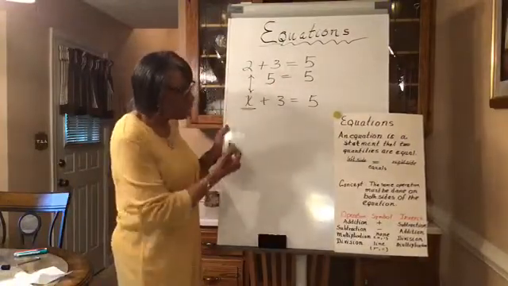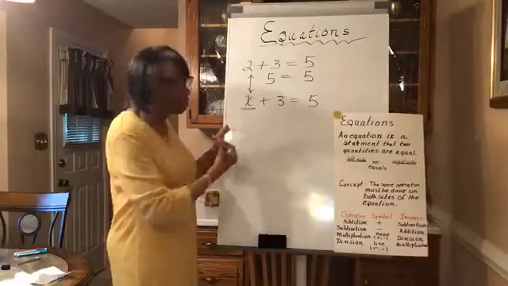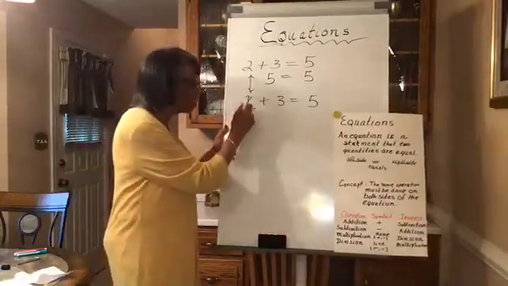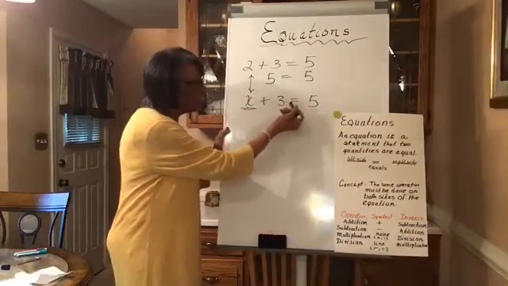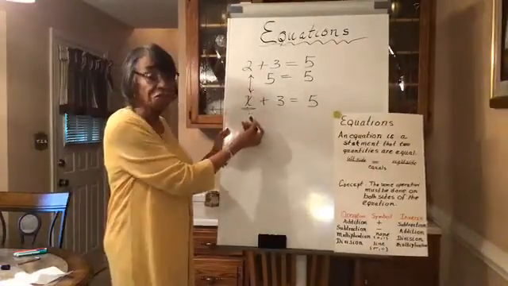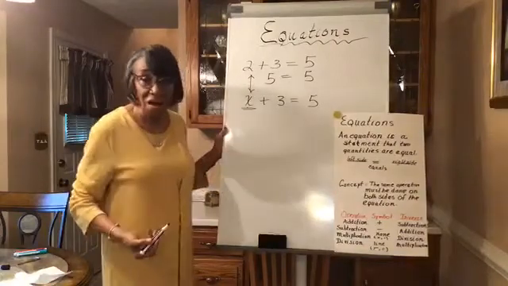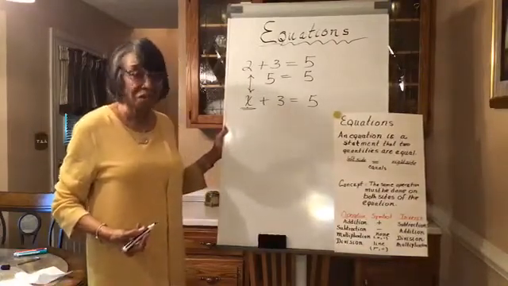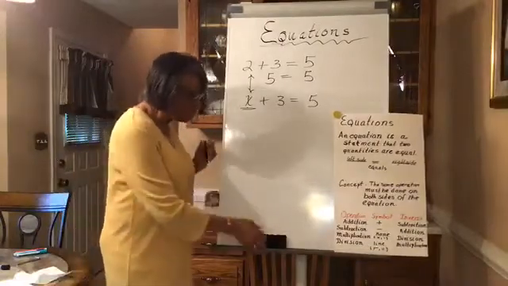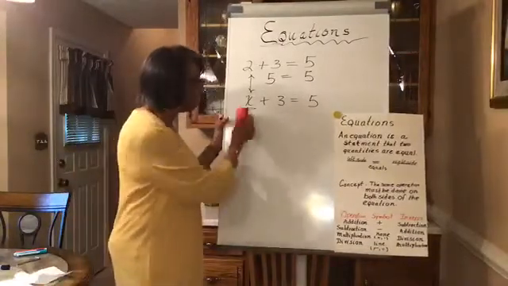And when we say solve an equation, that means we're finding the value of the variable that makes this statement true. As I said, we know that the answer is 2, but we didn't solve it. We just gave the answer. So let's get busy and learn how to solve equations.